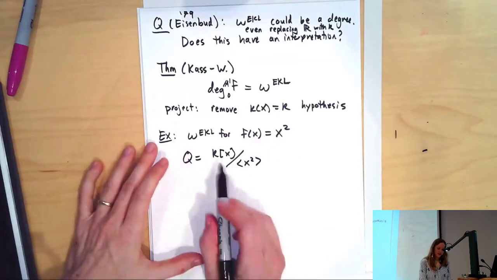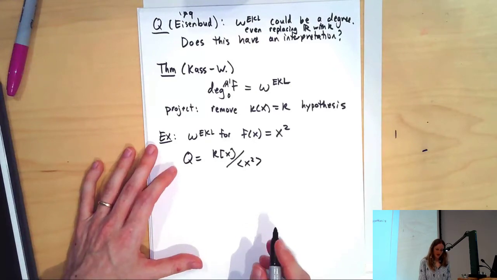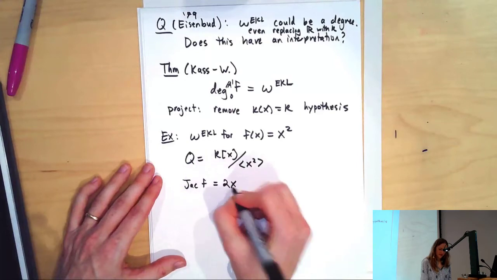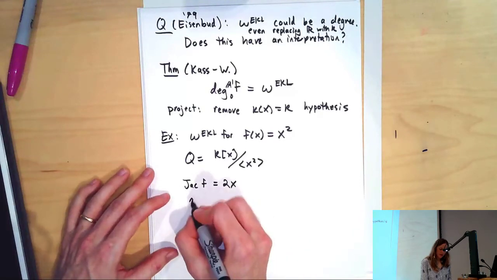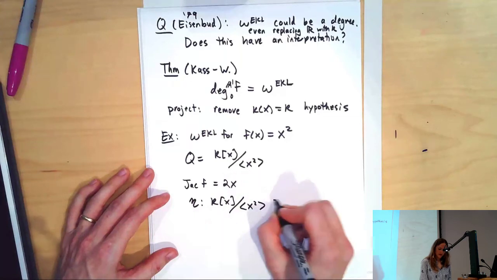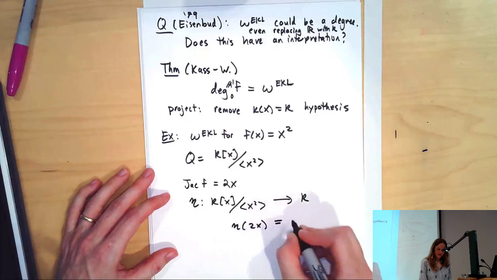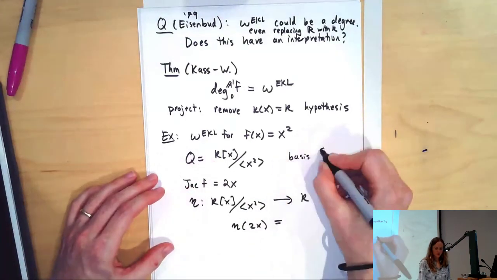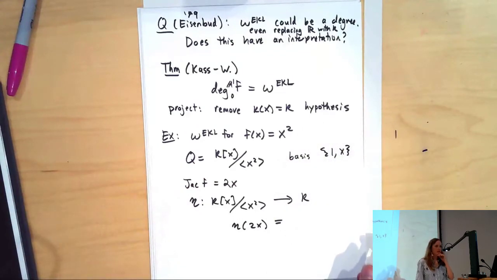And we don't need to localize at 0 because it's the only preimage, 0 is the only preimage of 0. The Jacobian of f is 2x. So we can choose eta from K[x]/(x squared) to K, and we need to send 2x to the dimension of Q, and a basis for Q is 1 and x.